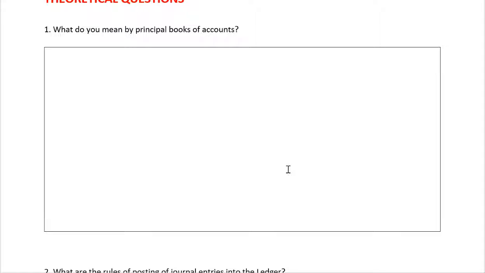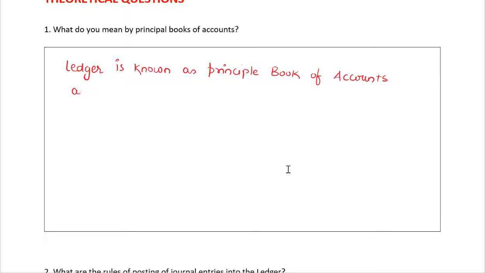We can say that, as we had seen in the MCQs, ledger book or ledger is known as principal books of accounts, and it provides detailed information about any transaction.